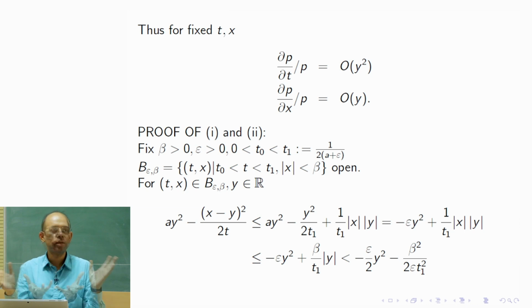So after a ball of a large radius, we can actually try to find one estimate where we do not have the first order term. So we obtain that, if we consider minus epsilon by 2 y square and here minus beta square by 2 epsilon t1 square, then this is an upper bound, and this is below this quantity.